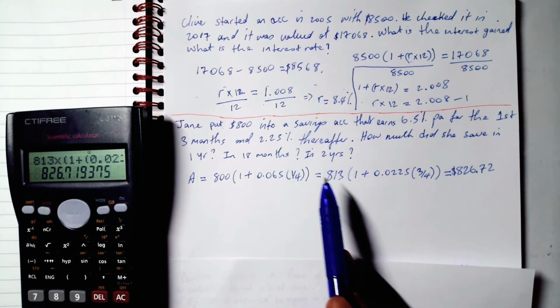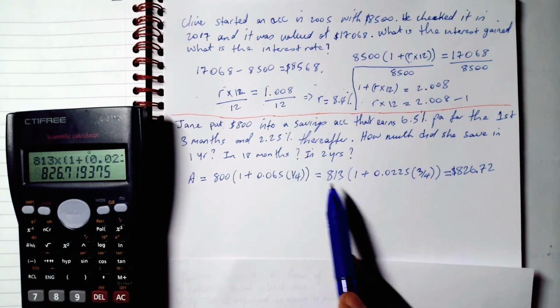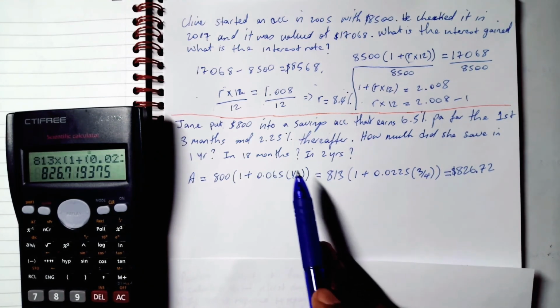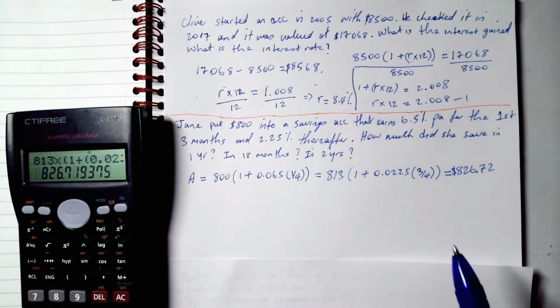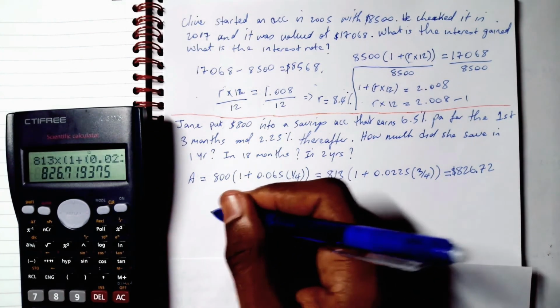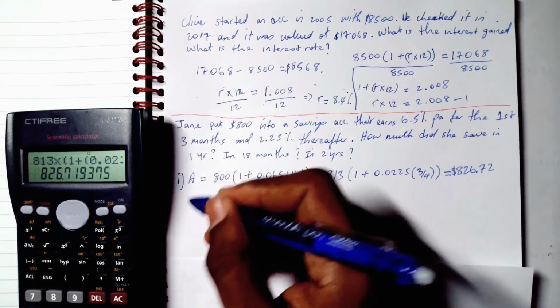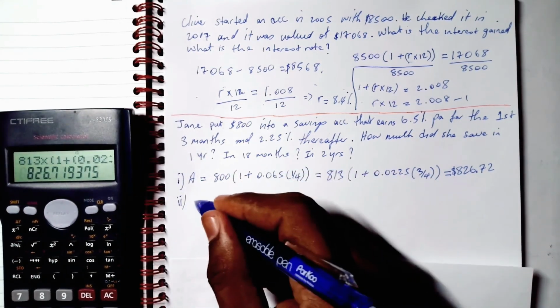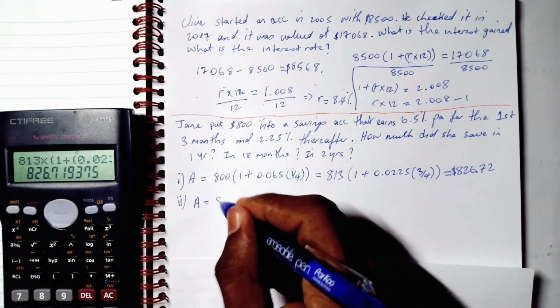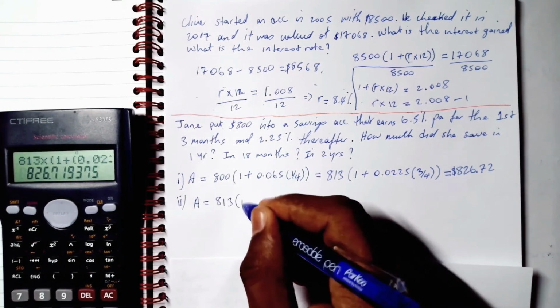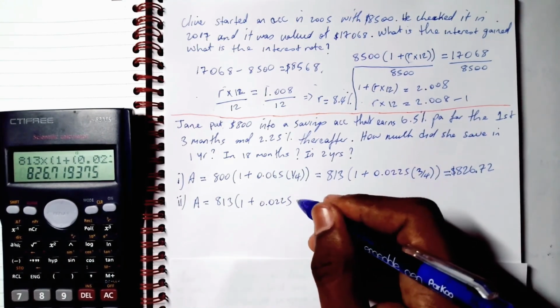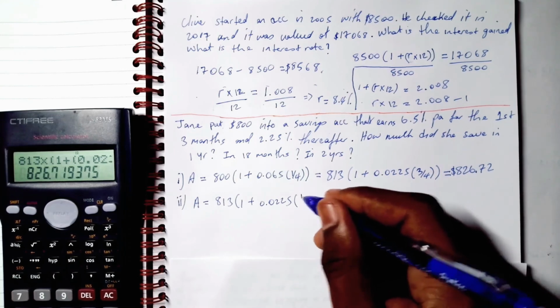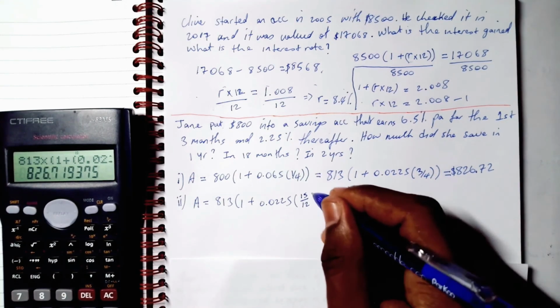We don't need to calculate this part of it again. We can just use the 813 we calculated at the 6.5% for 3 months, which is a quarter of a year. Alright, so all we need to do now is, this is part one, this is part two. We will accumulate 813 by the 0.0225 multiplied by 15 over 12.